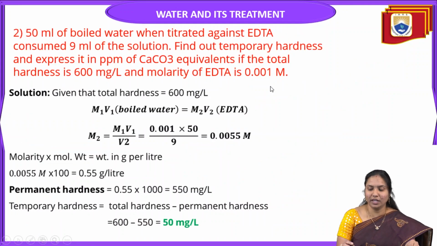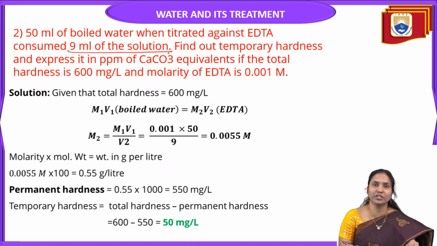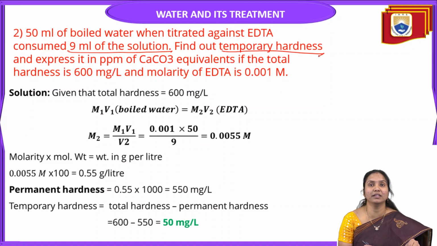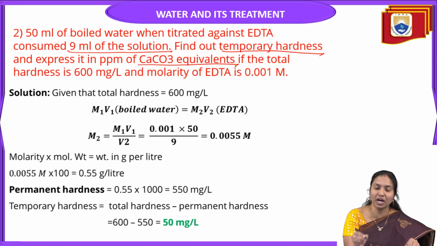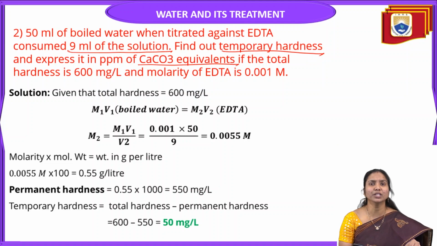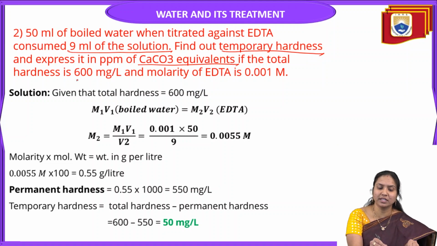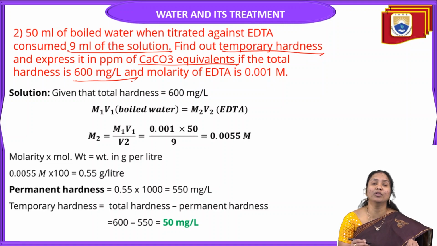So next one: 50 ml of boiled water, when titrated against EDTA, consumes 9 ml of the solution. Find the temporary hardness and express it in ppm of calcium carbonate equivalence, if the total hardness is 600 milligrams per liter and the molarity of EDTA is 0.001 M. So what is the solution here?